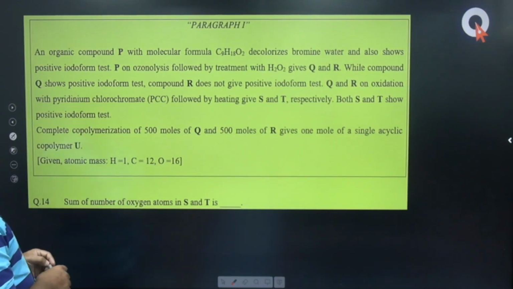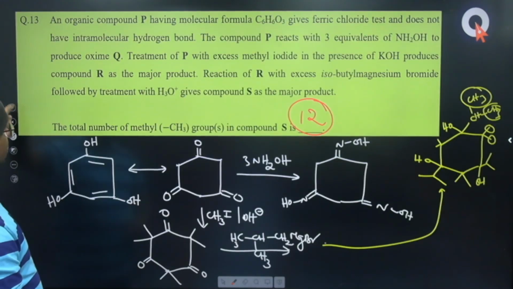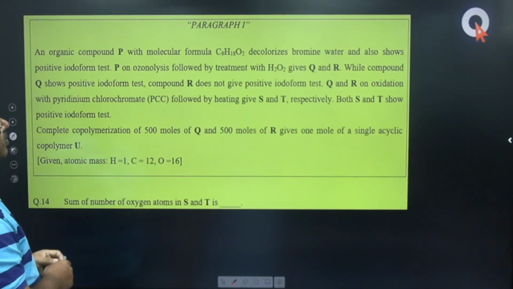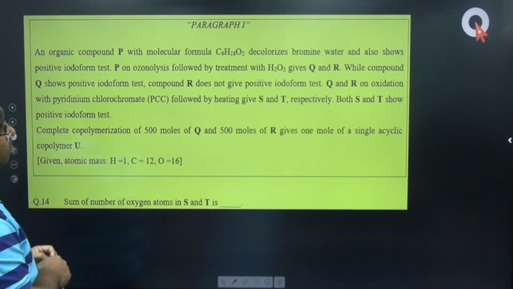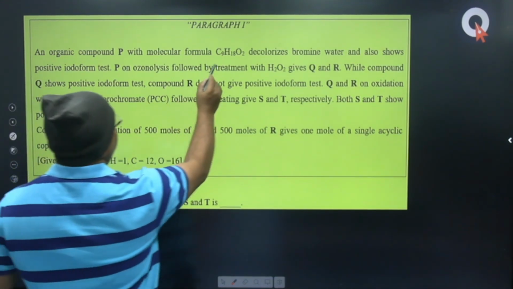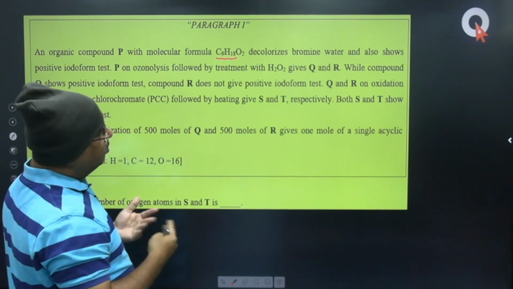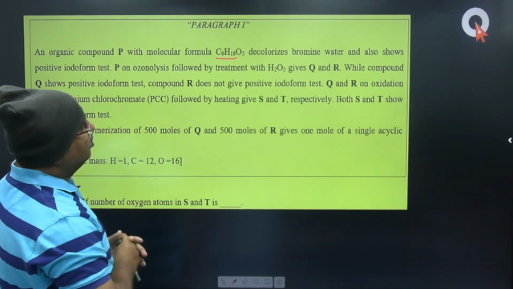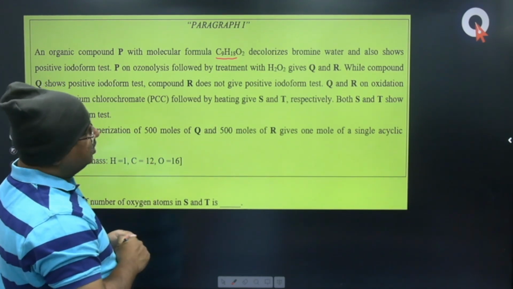Organic compound P with a molecular formula. It decolorizes bromine water, meaning it should have unsaturation. Suppose this is directly C9H18O, with oxygen there. So the double bond should be between carbon and carbon, because if it were carbon and oxygen, only 1 degree of unsaturation is there in that compound.